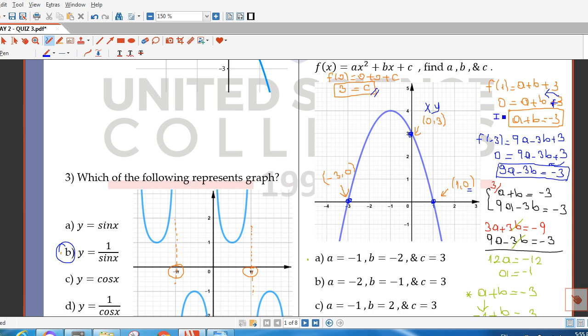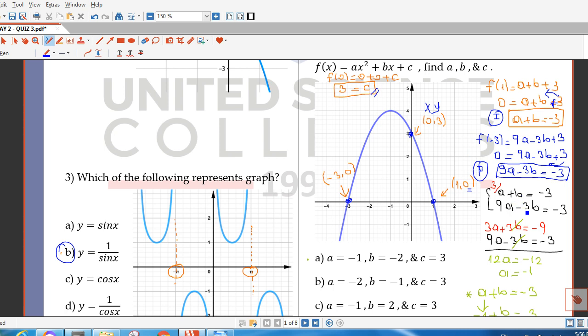It is one of my equations. Let me keep it here. And the other x-intercept, negative 3, writing negative 3 instead of x, 9a minus 3b plus 3 is equal to 0. If we take 3 to the other side, it is 9a minus 3b equal to negative 3. It is my second equation.